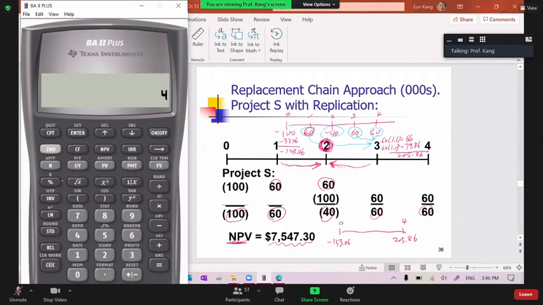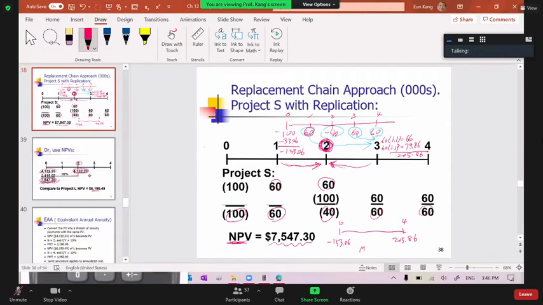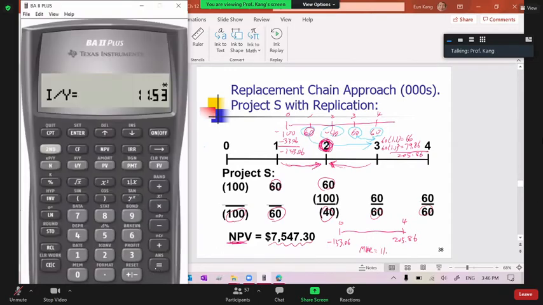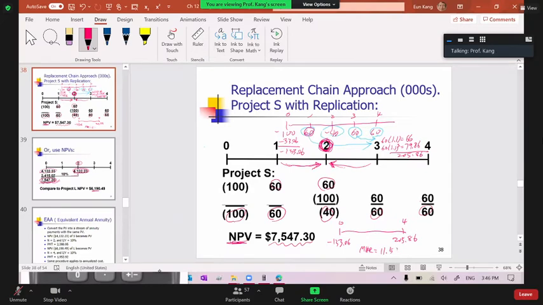And 4 year, 4N, compute IY, 11.53%. So we know that this project's MIRR is 11.53%. That's greater than your 10%, so you take it.